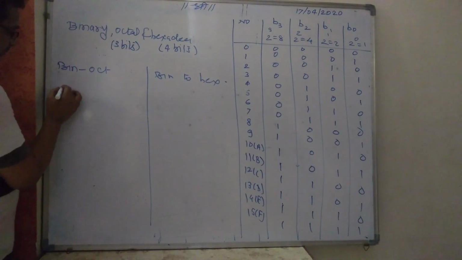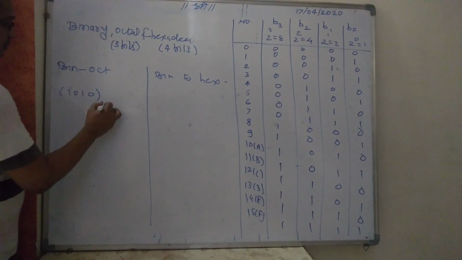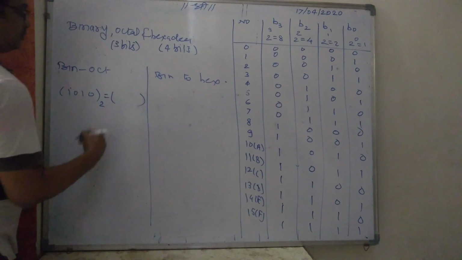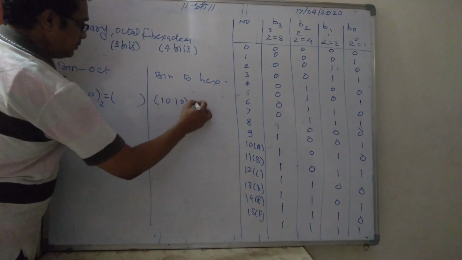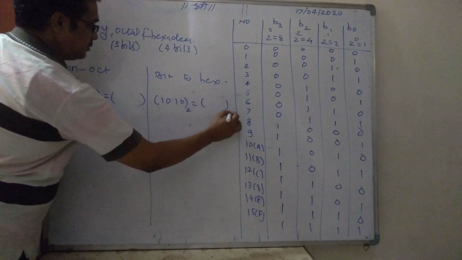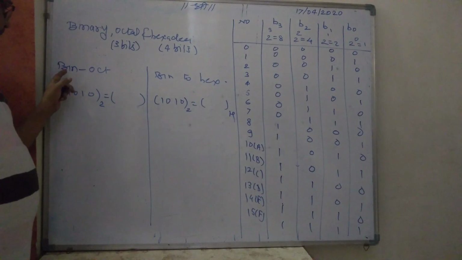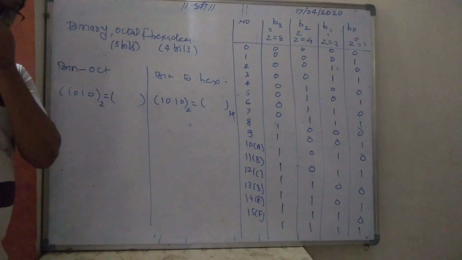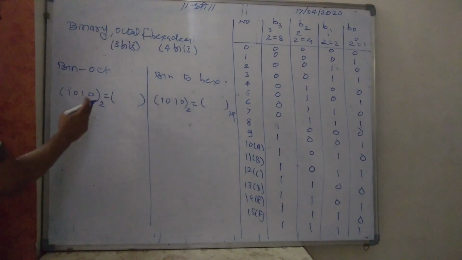I am writing one binary number. I am writing same here. So when you want to convert binary number into octal, form group of 3 bits.